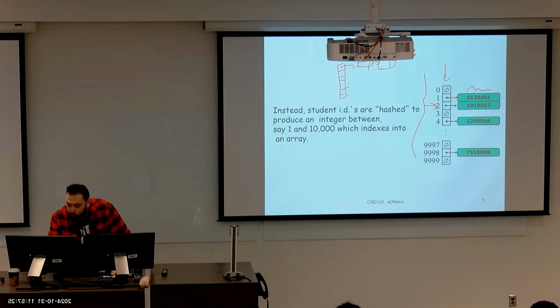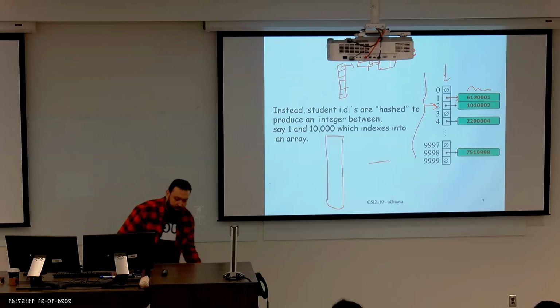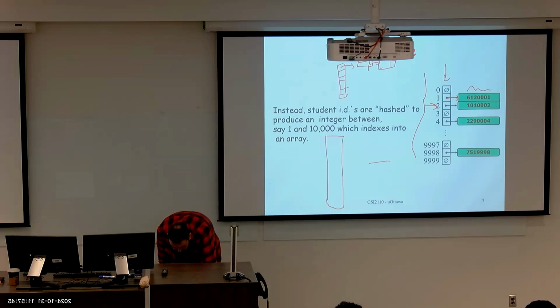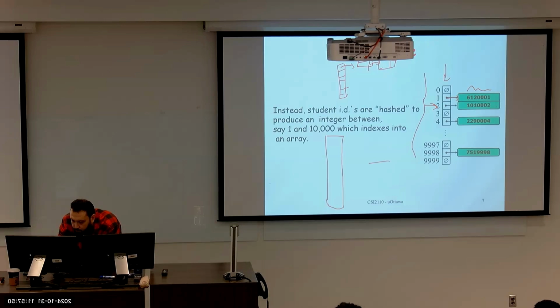Unfortunately, the writing tool is not working, so I'm struggling to show you things, but bear with me and let me try with the mouse. So I have this array.